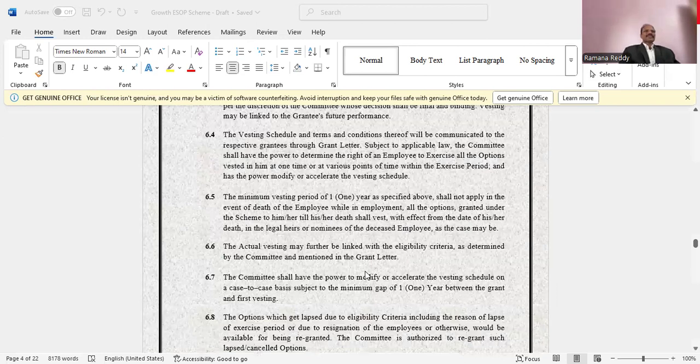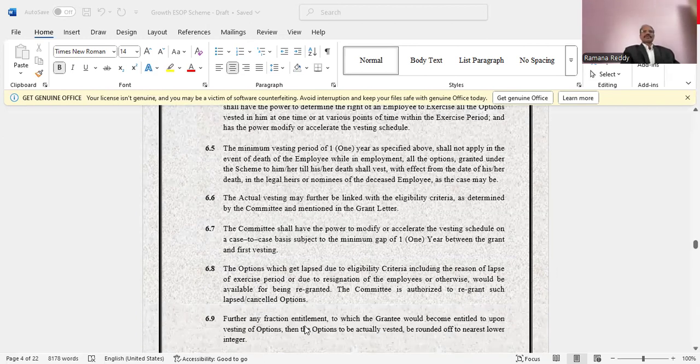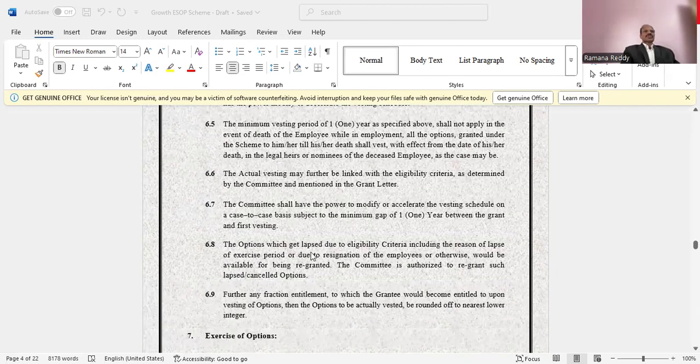The actual vesting may further be linked with the eligibility criteria as determined by the committee, as mentioned in the grant letter. So it may be linked with the performance we have discussed. The committee shall have the power to modify or accelerate the vesting schedule on a case-to-case basis, subject to a minimum of 1 year.